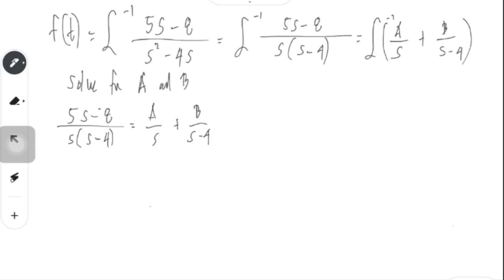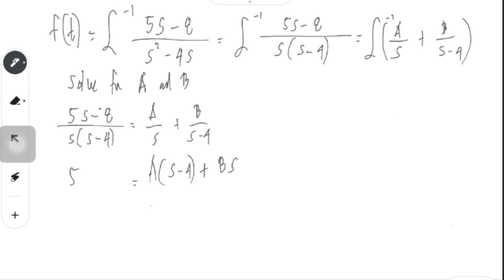Getting the least common denominator, we have a times s minus 4, then plus b times s equal to 5s minus 8. The denominator will cancel. Now, trial and error or equating coefficients.